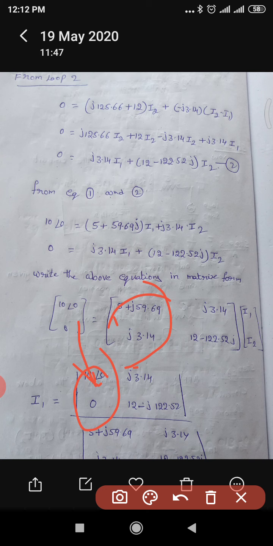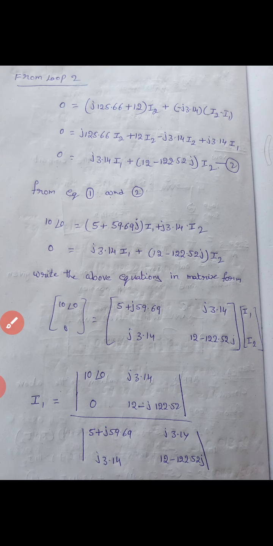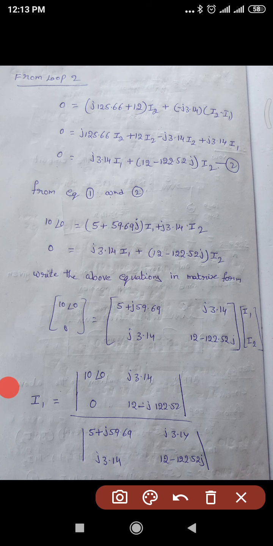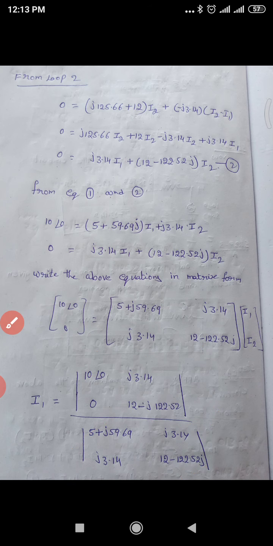Actually this formula is delta 1 by delta. Delta is nothing but the determinant of this matrix. This is the actual matrix and this is the replaced matrix. Now we have to calculate the determinant for both and after that divide them.